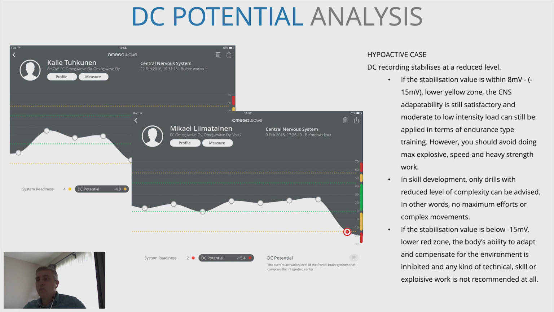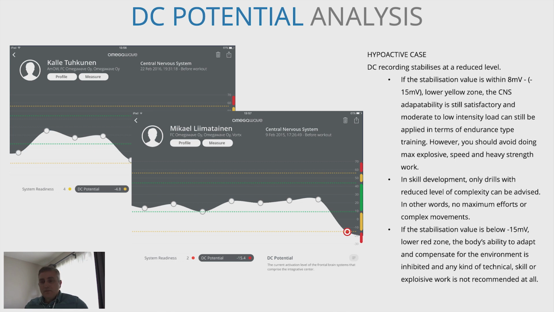And by putting more stressor of maximum power output or maximum velocity, we will continue to suppress the nervous system responses. So the training effect would be somewhat minimal. There is no need for creation of additional fatigue in those regulatory processes.